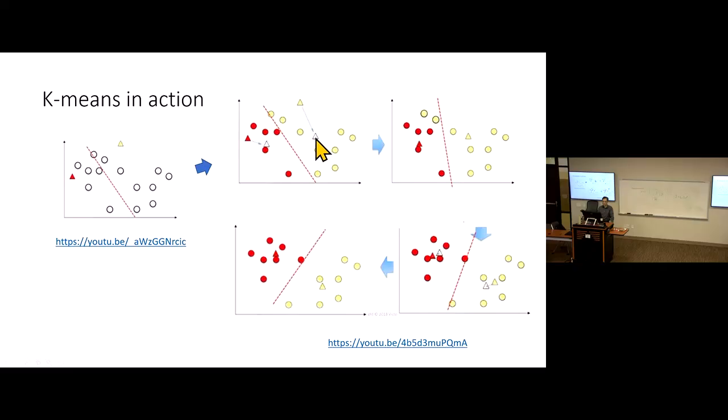So after you move the center, you recompute the membership, because this new center has been moved to here as a red center. So you have to reassign, and these two yellow data points have now been assigned into the red group because the new center has been given.